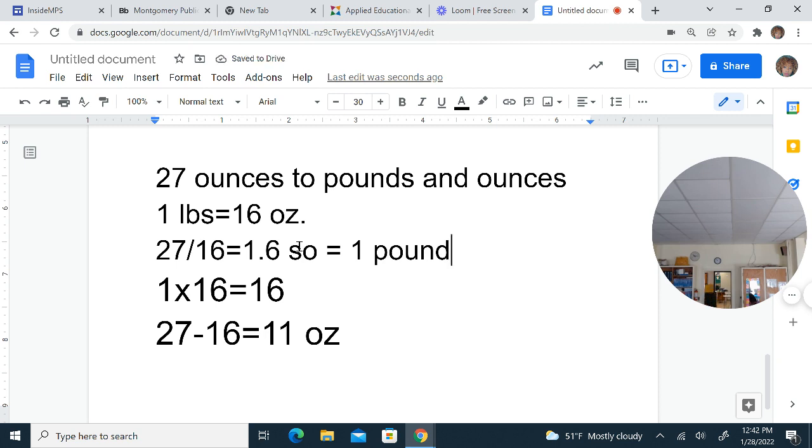So we know that means it's 1 pound. So you'll take your 1 pound times 16 equals 16. Then you subtract 16 from your 27 ounces, which will give you 11 ounces. Just like we did the feet and inches. Y'all see that one?